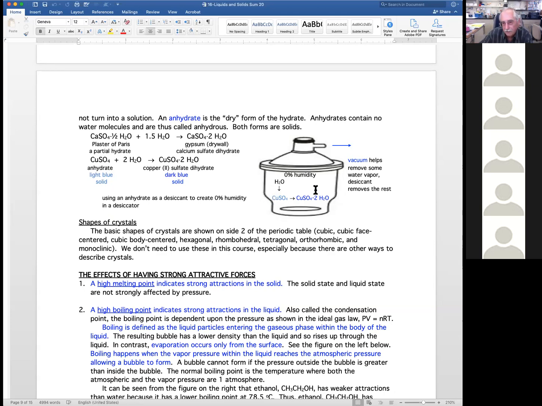So if I put my chemicals that I want to keep at 0% humidity in here, as long as I see that the powder that's in there is a light blue and not a dark blue, I know that I can still absorb lots of water. If I see that there's still some light blue stuff in there, I know that's 100% humidity in there.